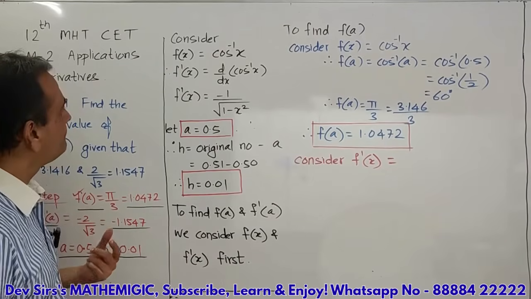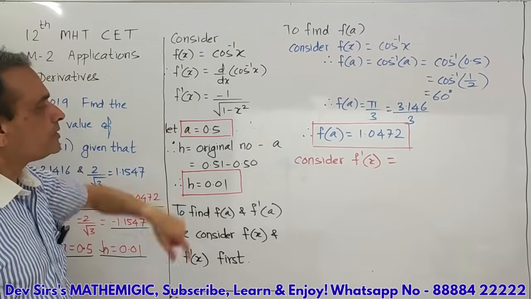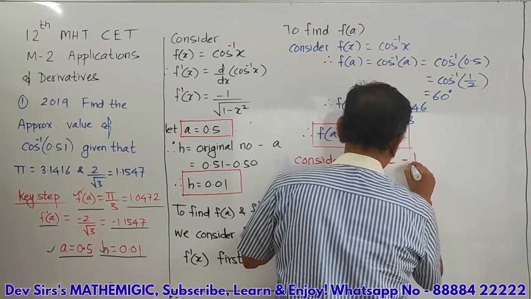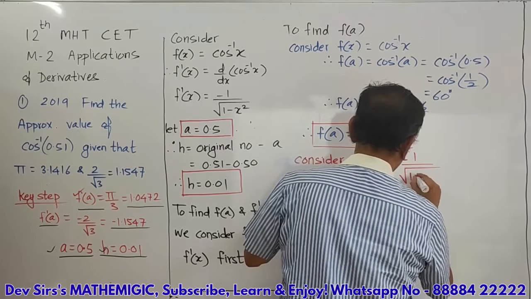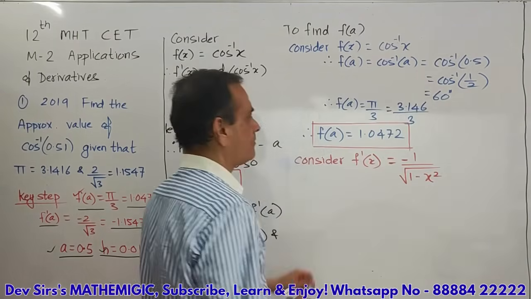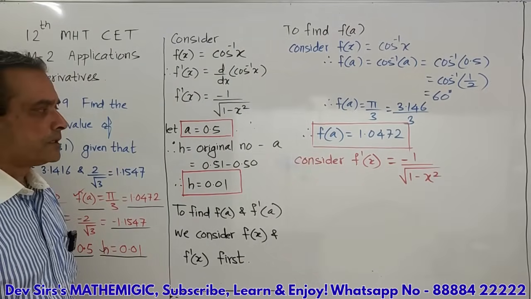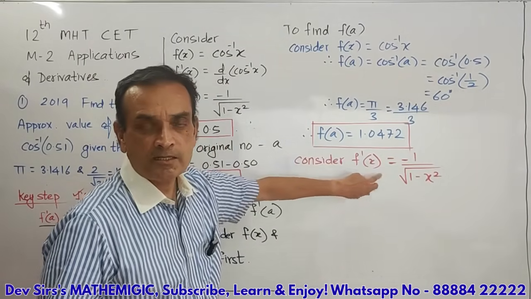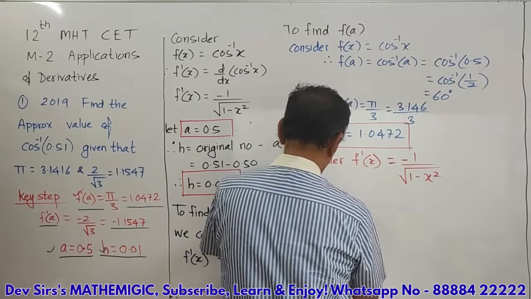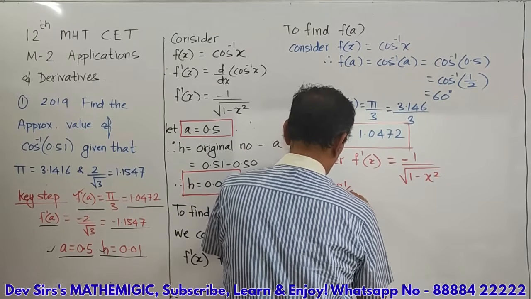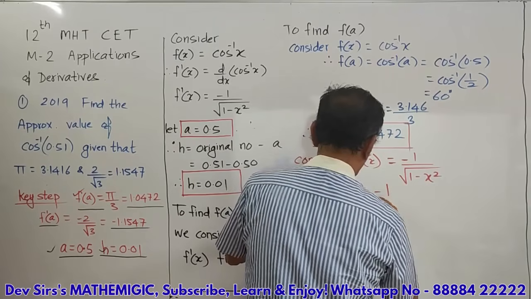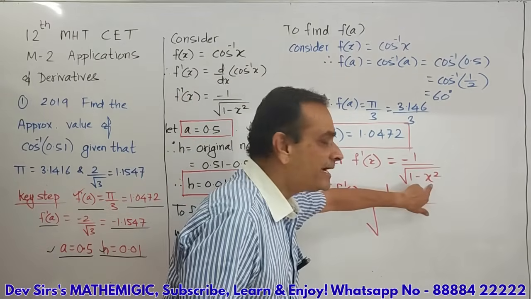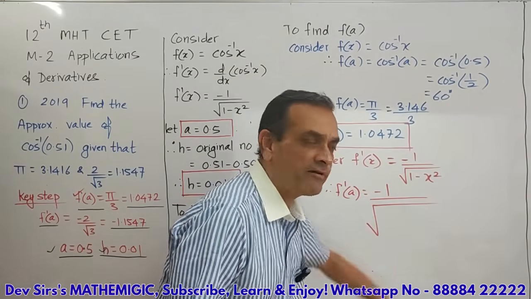Minus 1 upon root of 1 minus x squared. Calculations are important here. Once f dash x is written, we want f dash a, so substitute x by a. Here also I will get a: root of 1 minus a squared.